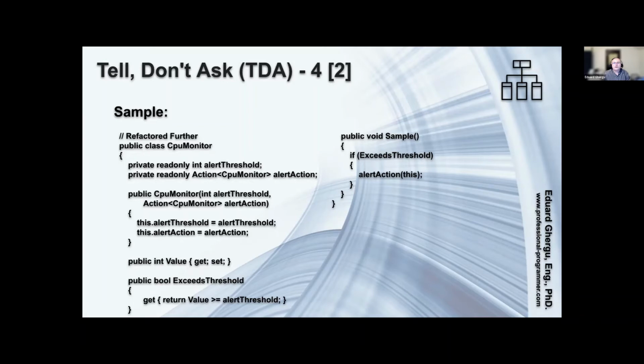And all the other things are the same. In the end, the sample method that also belongs to the CPU monitor will test whether the threshold is exceeded or not, and we'll actually call that method.